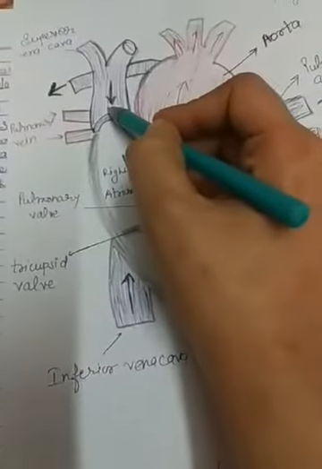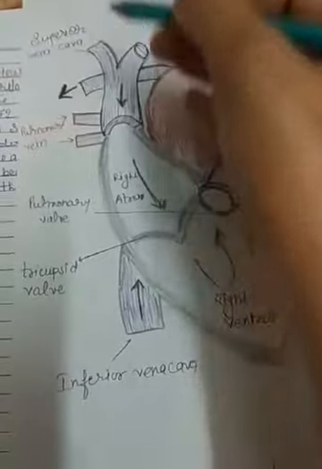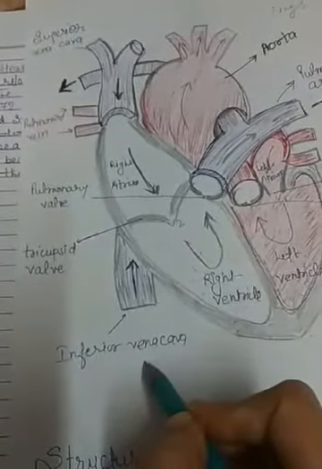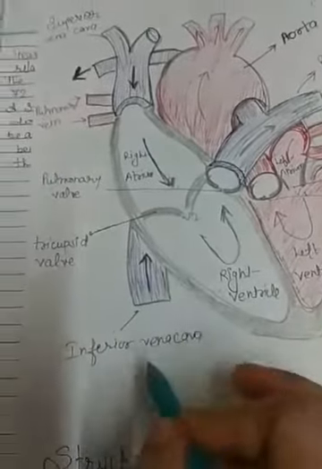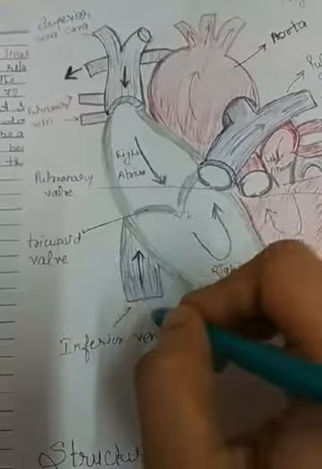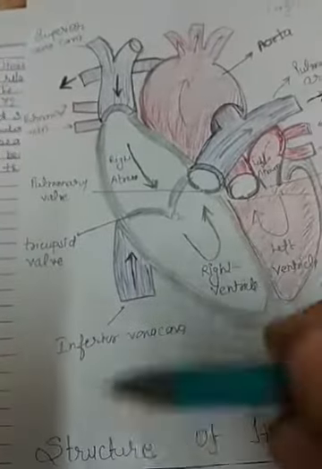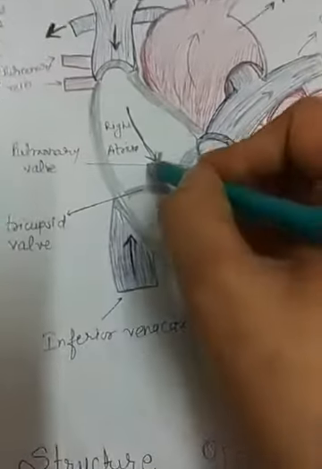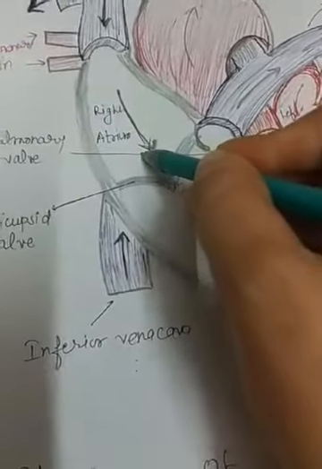The superior vena cava brings blood from the upper part of the body and the inferior vena cava brings blood from the lower part of the body. These main veins bring the deoxygenated, or carbon dioxide rich, blood into the right atrium.